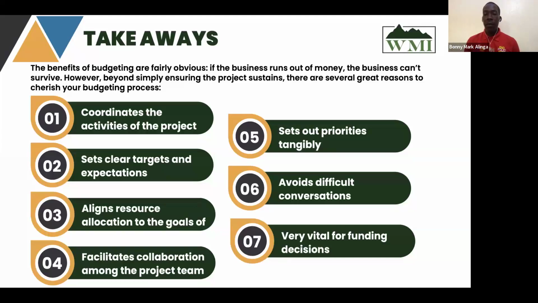It sets out priorities, and not only setting out priorities, it sets priorities which are tangible, because you want to remain focused on your budgeting, then you need to do a fair and just budgeting process.